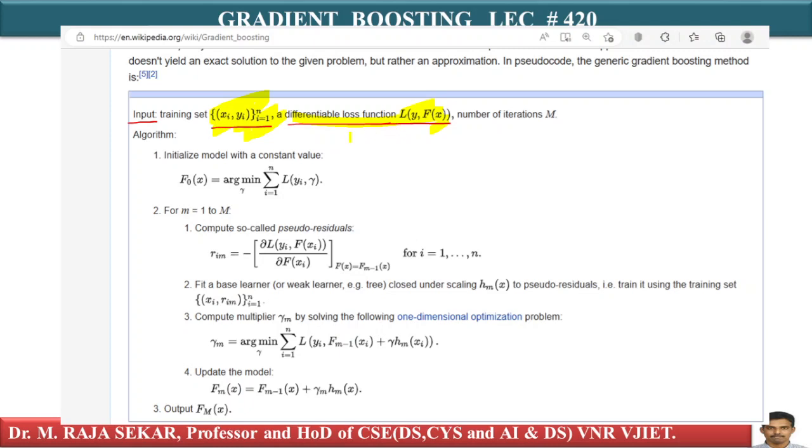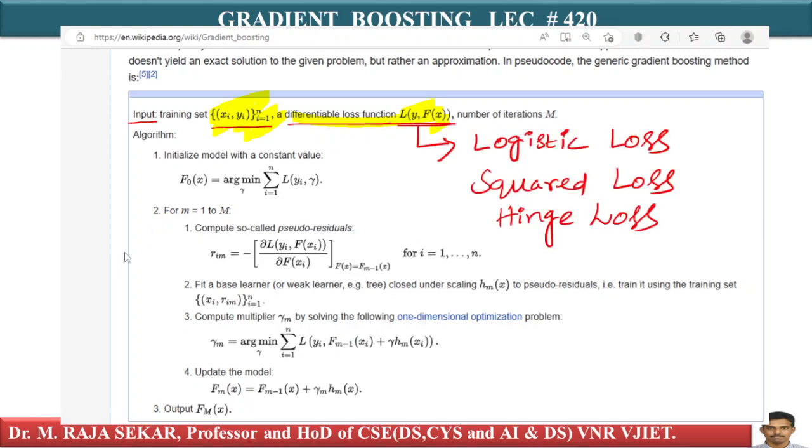This could be logistic loss if it is a classification task, squared loss if it is a regression, hinge loss. Of course, hinge loss has a small problem. Hinge loss itself is not differentiable, but there are some approximations that can be taken for it. As long as the loss function is differentiable, it's good.